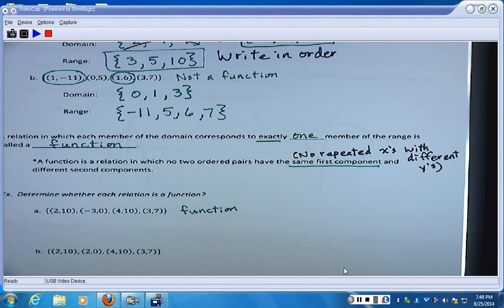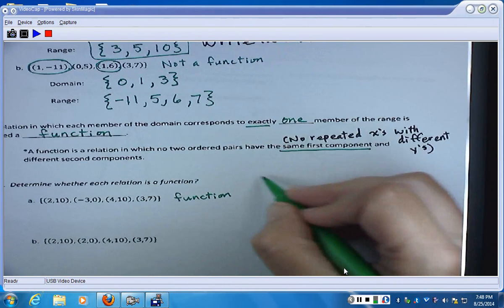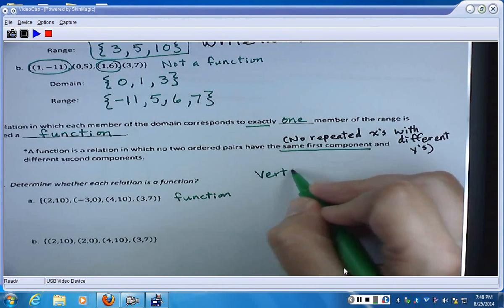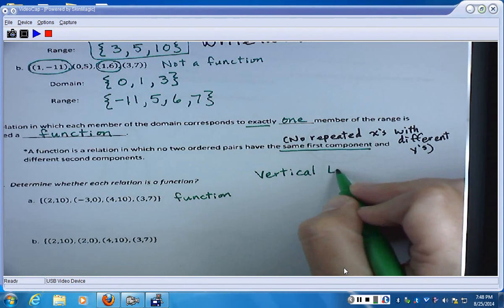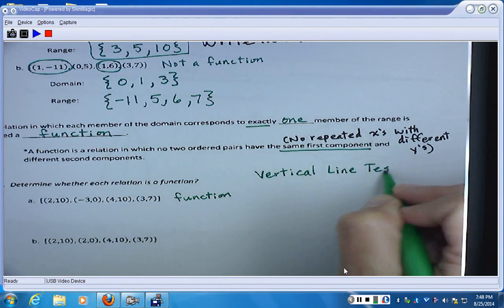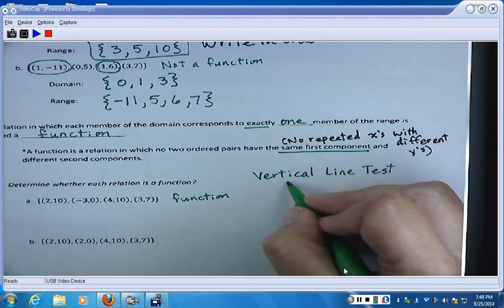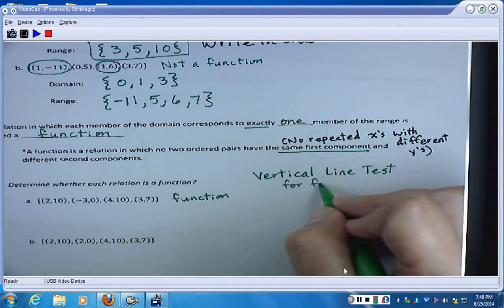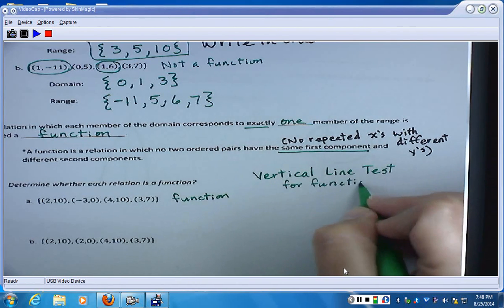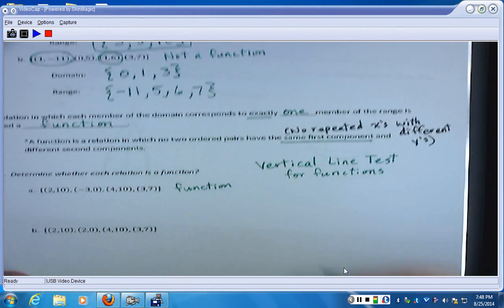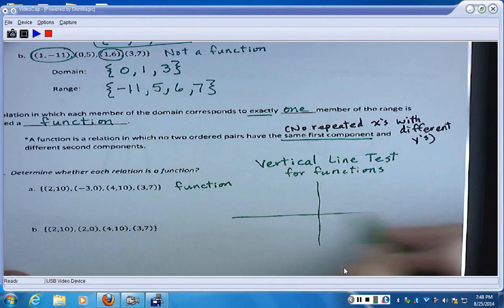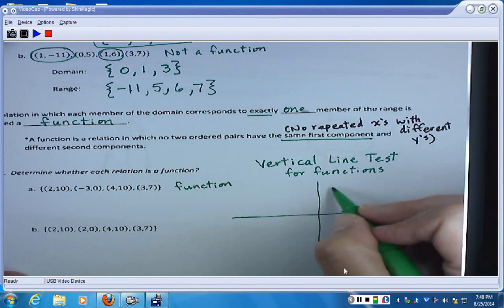We're going to get to this in a minute, but the way I like to do this is it's called the vertical line test for functions. If you would graph these ordered pairs, so let's say 2, 10 up here, this may not be to scale.